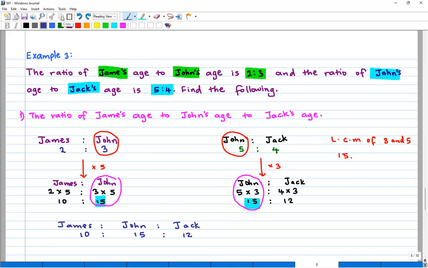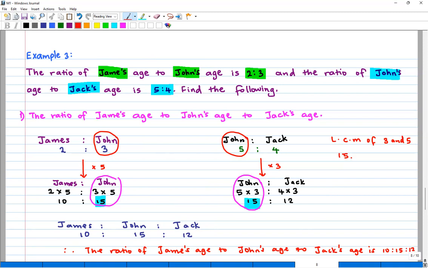No. Since it is not there, then this will be our answer. We can say that finally, the ratio of James's age to John's age to Jack's age is 10 to 15 to 12.